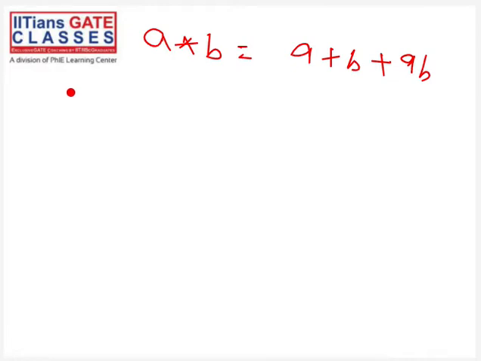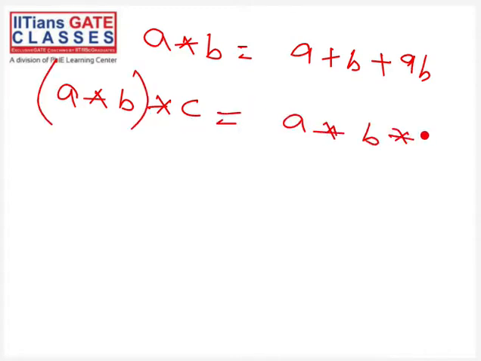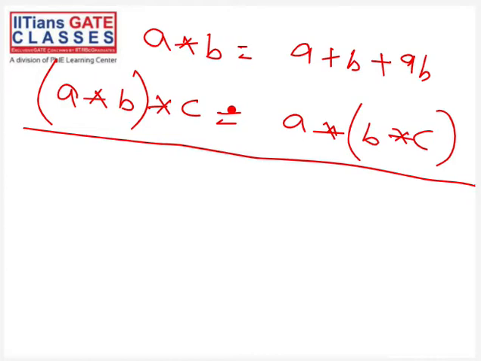Now we need to check whether this star is an associative operation or not. To check that, just take three numbers and check whether this thing is equal to this thing or not. Remember, whenever I ask you to check for associativity, do not take particular examples.